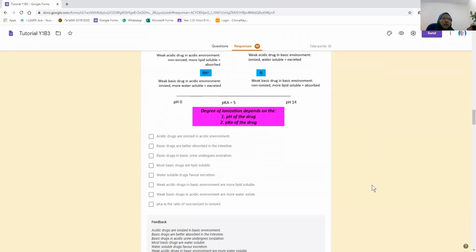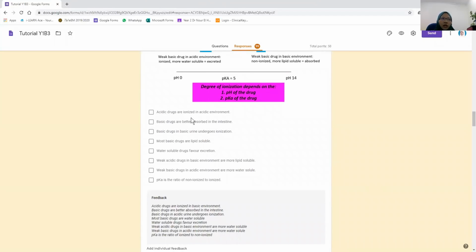So now, acidic drugs are ionized in acidic environment. This is false, because acidic drugs are ionized in basic environment. Because it gets ionized and then only it will be absorbed. Next, basic drugs are better absorbed in the intestine. This is true.